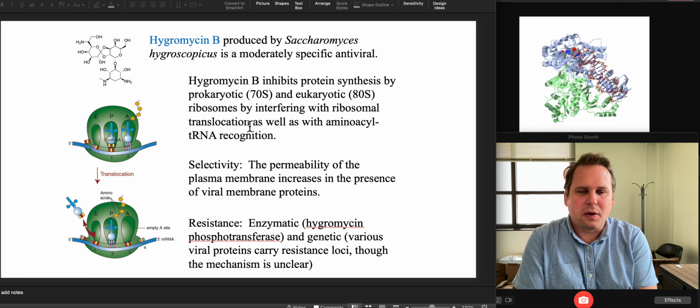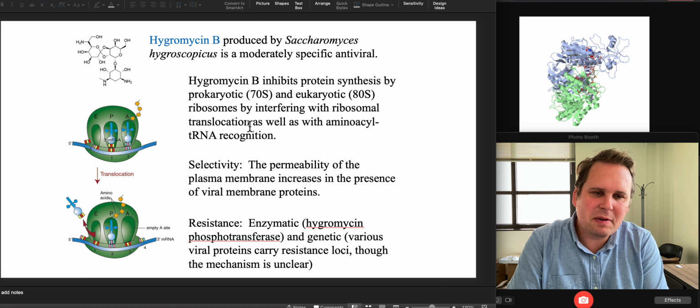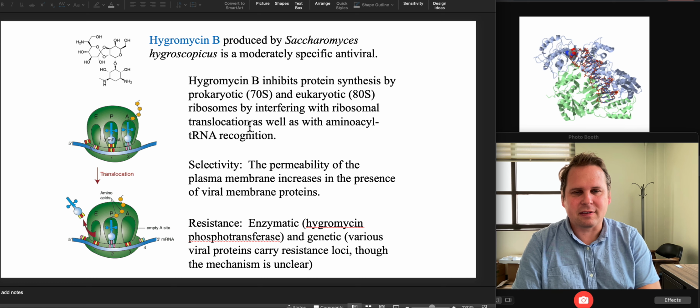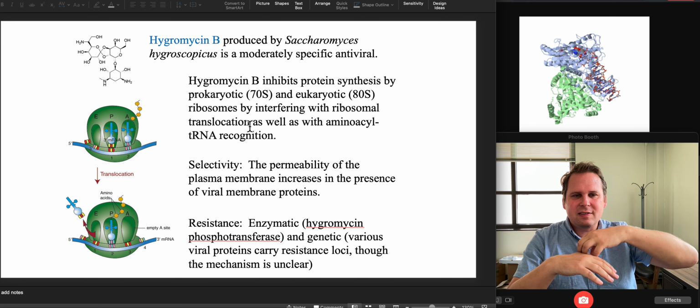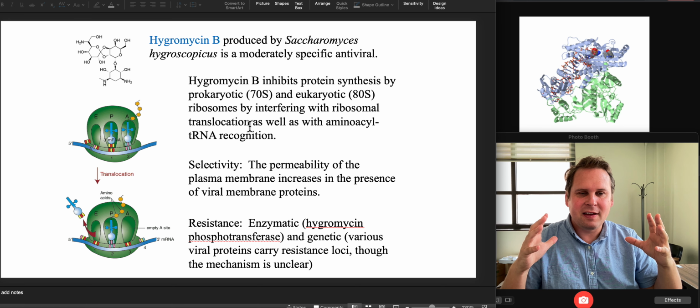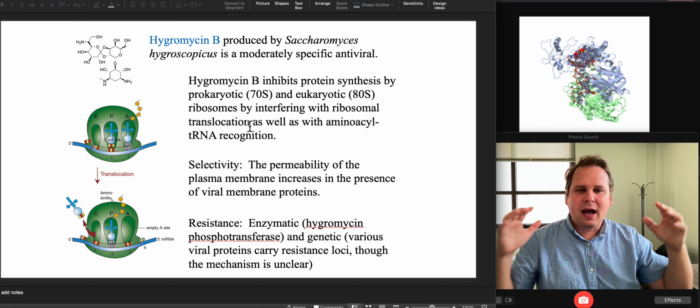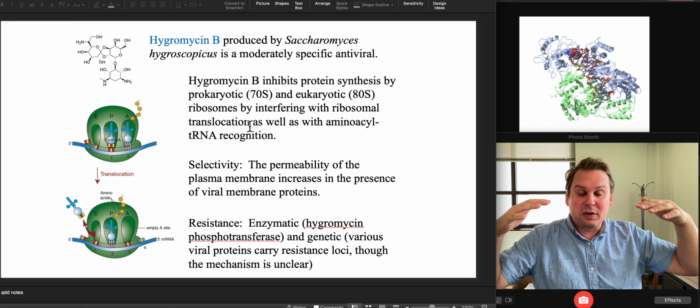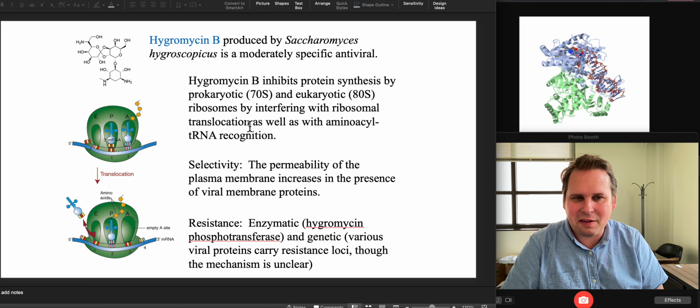The neat thing here, though, is that this drug does have some effect on the virus rather than the host, because with certain viruses, when the virus goes into the cell, it disrupts host physiology just enough that now hygromycin, which normally kind of bounces off the cell and doesn't get in, will disrupt the membrane just enough, or the way that the cell brings things in, and so you'll end up with more hygromycin in the cell.